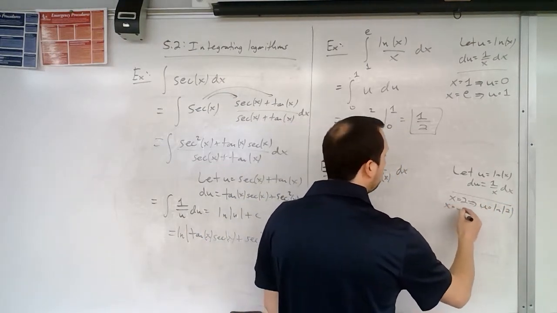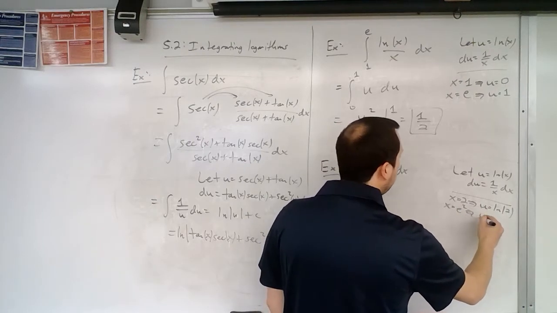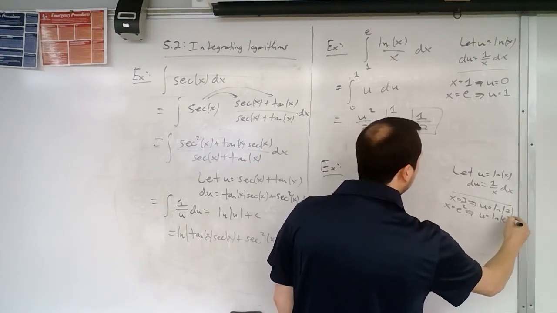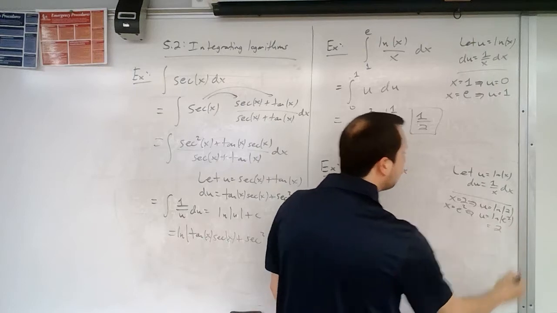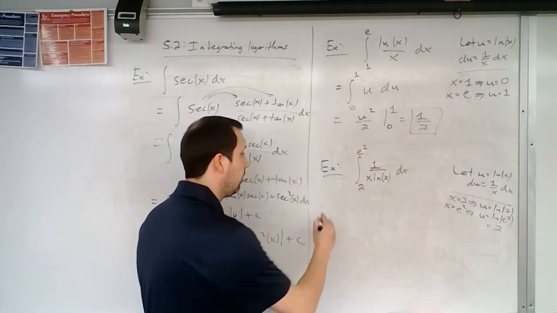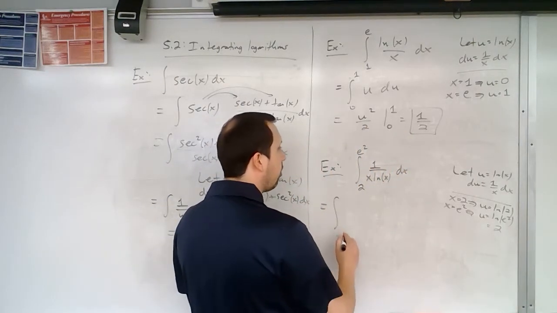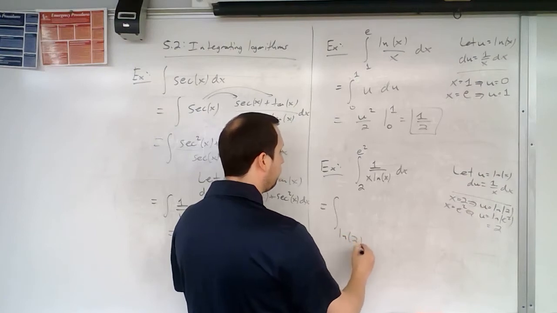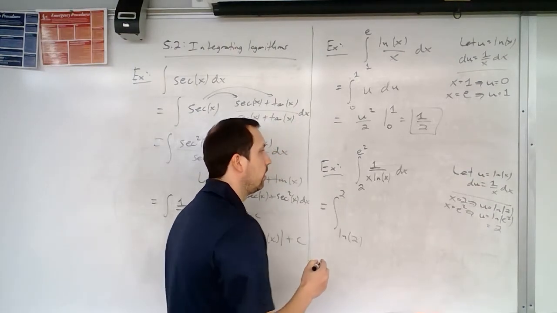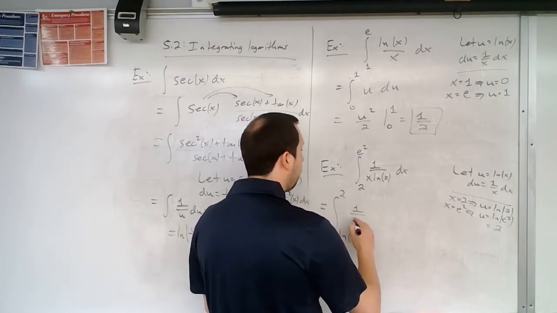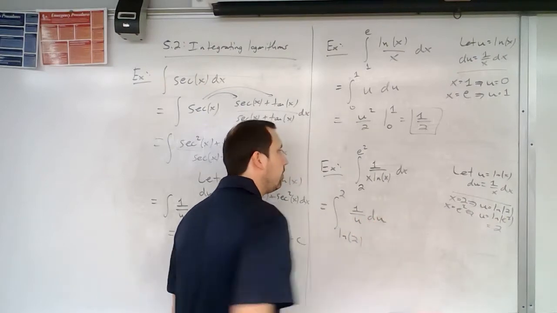And when x is equal to e squared, u is going to be natural log of e squared. But that is the same thing as 2. So I get the bounds that go from natural log of 2 to 2 of 1 over u du.